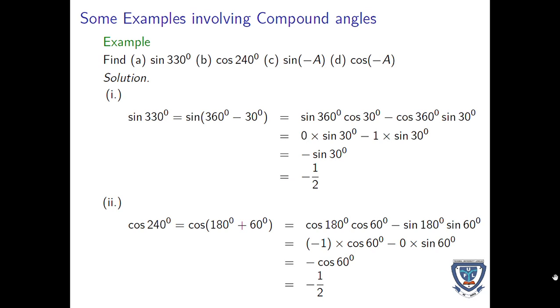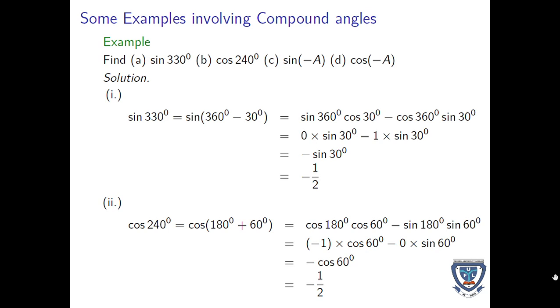Solution to A: sin 330 degrees will be equal to sin(360 − 30) degrees. Since 330 degrees is in the fourth quadrant, you can split it as 360 minus 30 degrees, which will still give us 330 degrees.